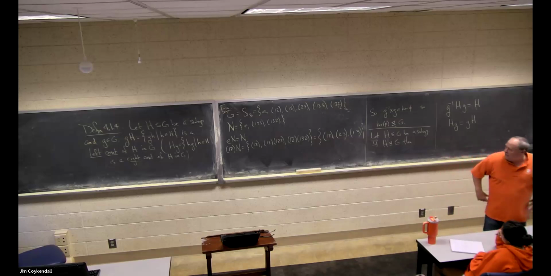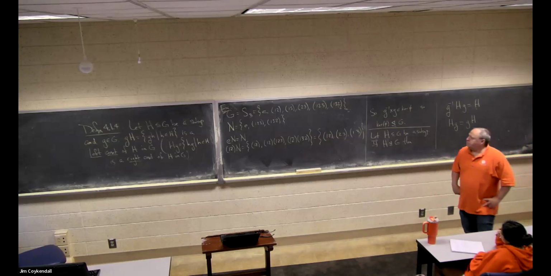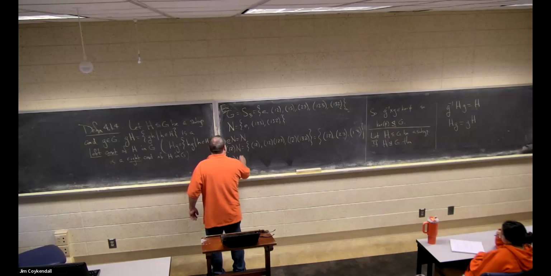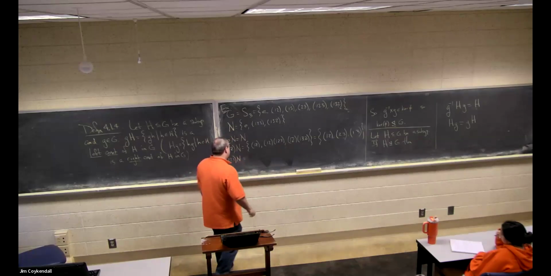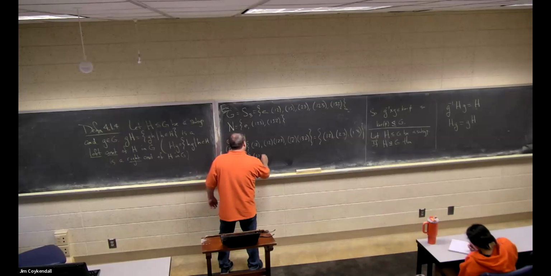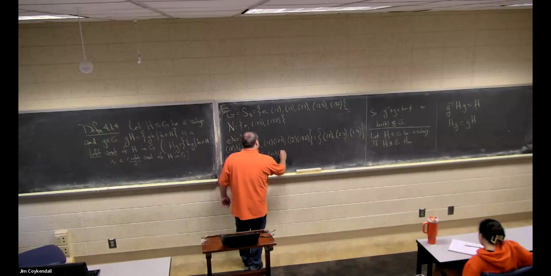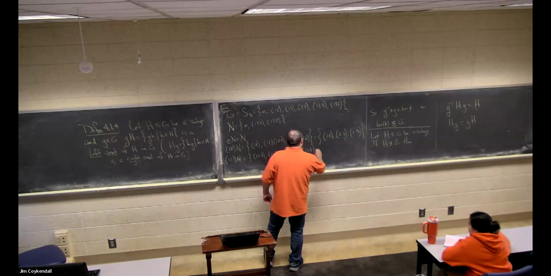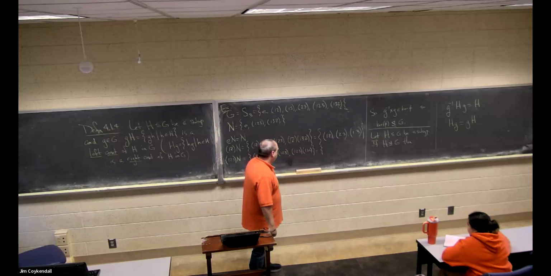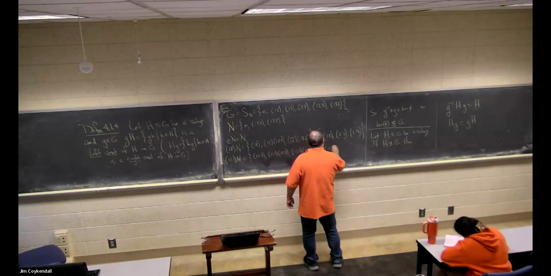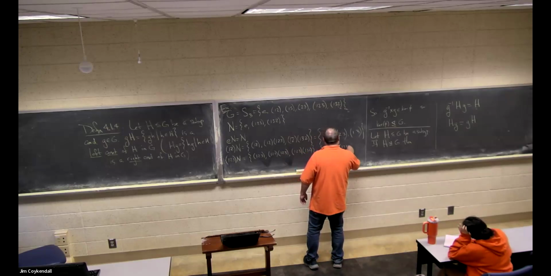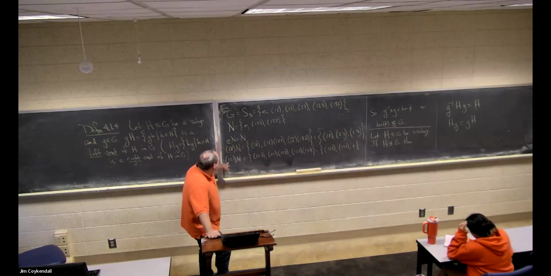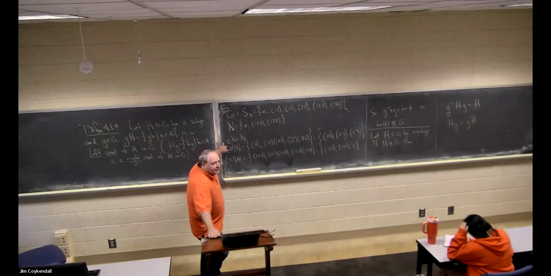What's another possible left coset? Notice this coset is the same as this one, correct?